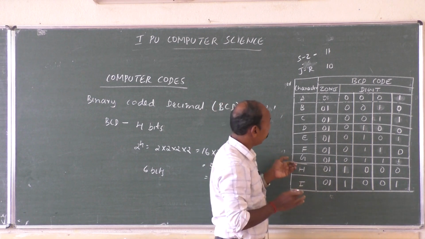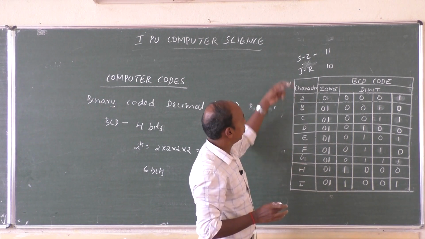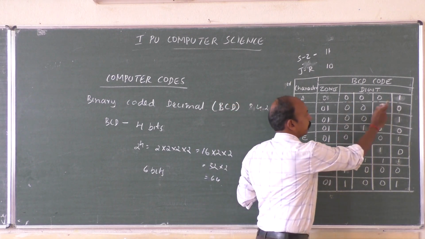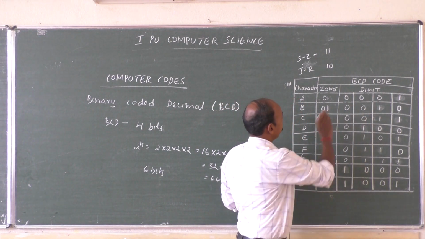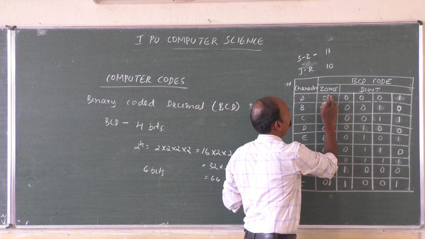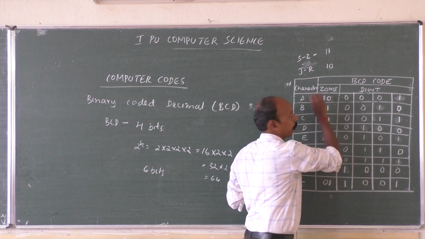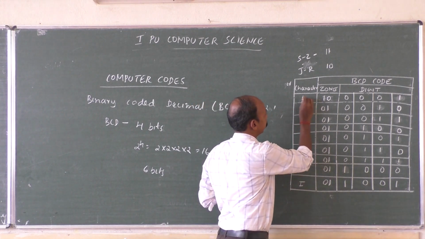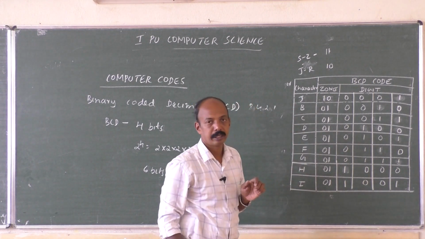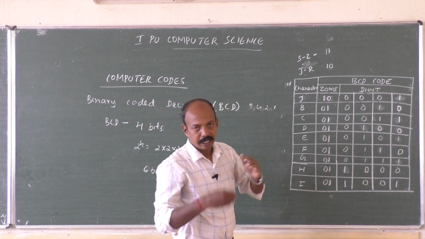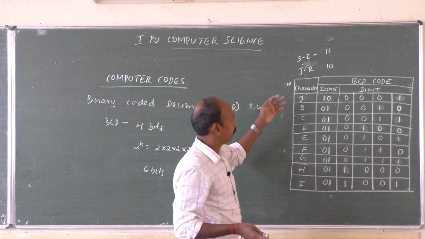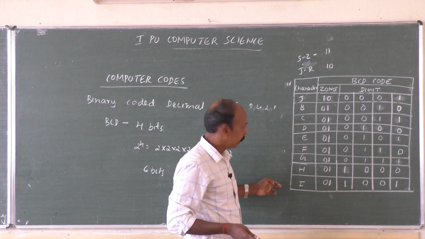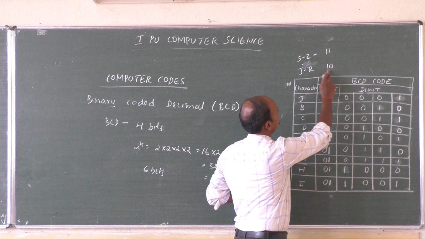Then after I, it's J. For J also, the digit portion will be the same, but the zone bit will be 1 0. Then continue that: J, K, L, M, N, O, P, Q, R. Till R, the zone bit will be 1 0.